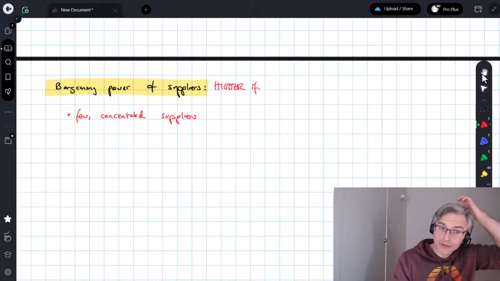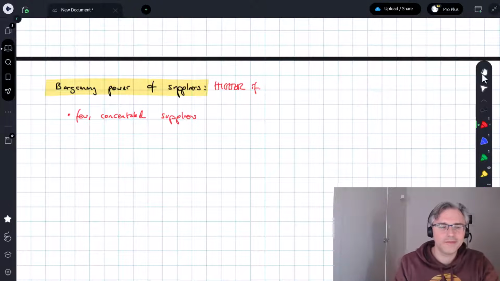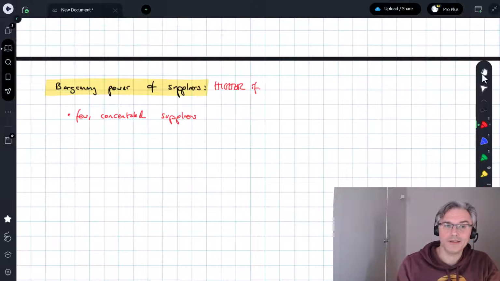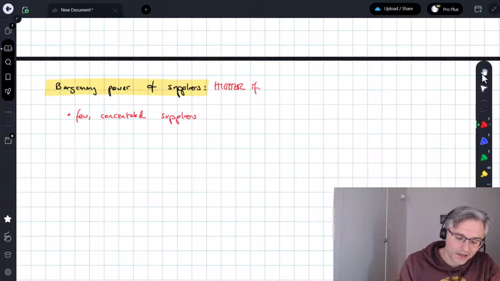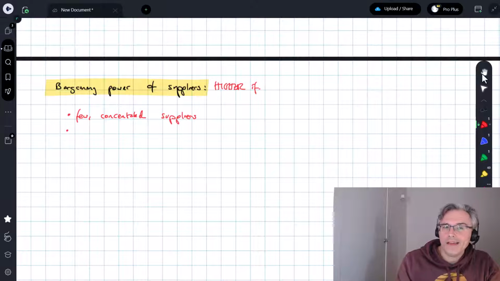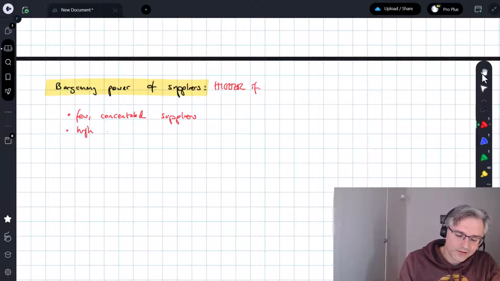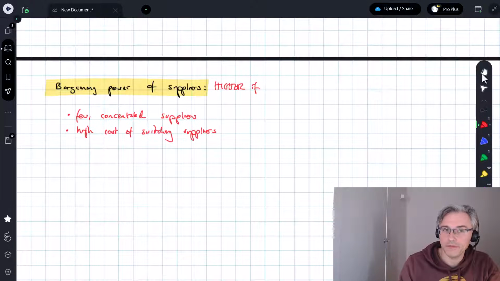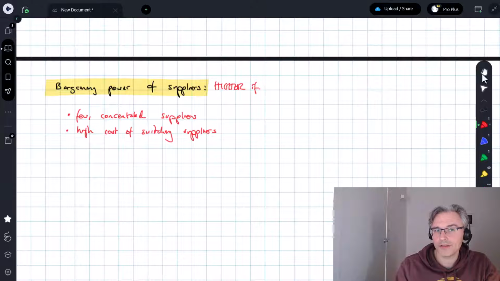Think about semiconductors, chips made by one or two companies located mostly in Taiwan. If there is a high cost of switching suppliers, well, once again, that's going to make it difficult for the company to negotiate with somebody else or make the decision to switch.